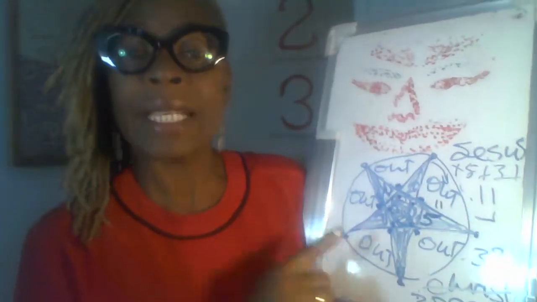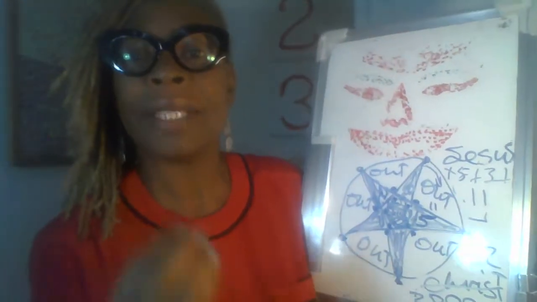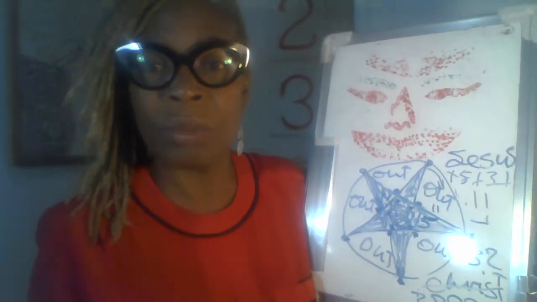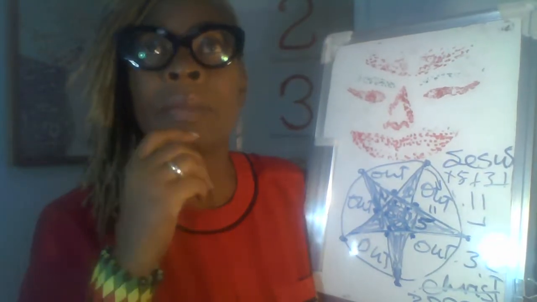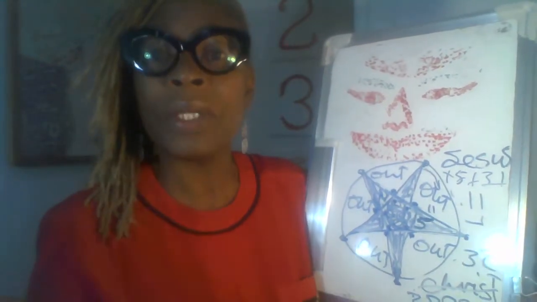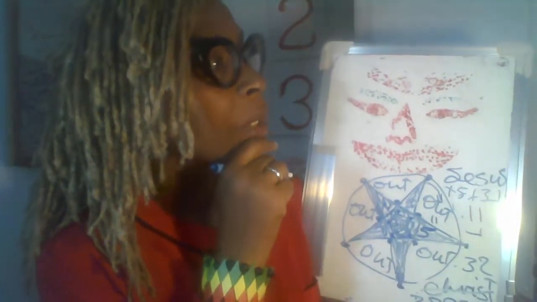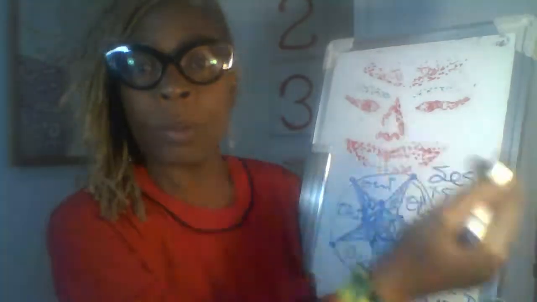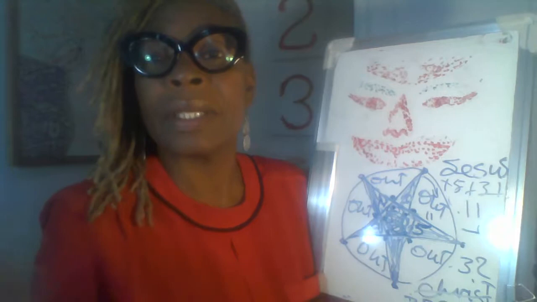Now, I will just conclude on this. It reminds me about the woman with the issue of blood in the scriptures, the story of the woman who had the condition for 12 years. So 12 actually means 6, which mirrors us being created on the 6th day.